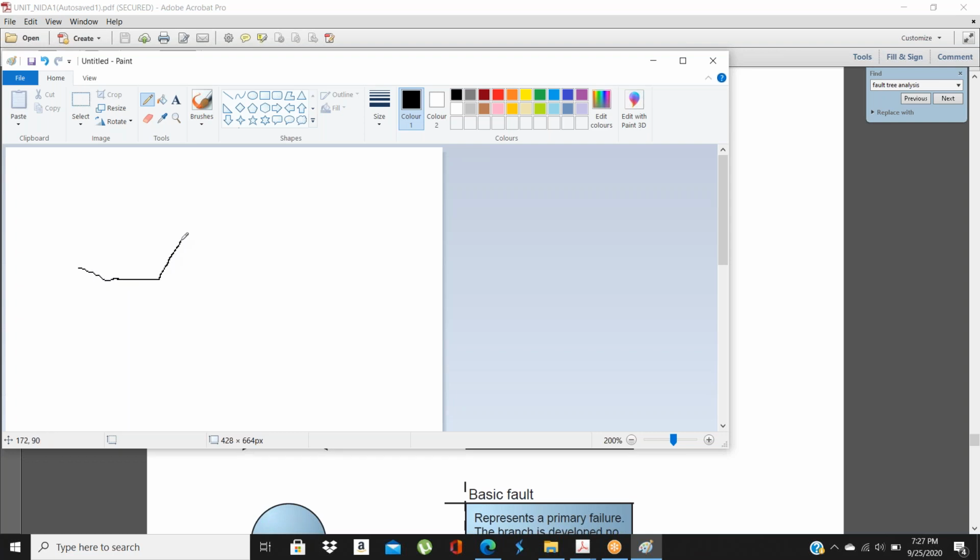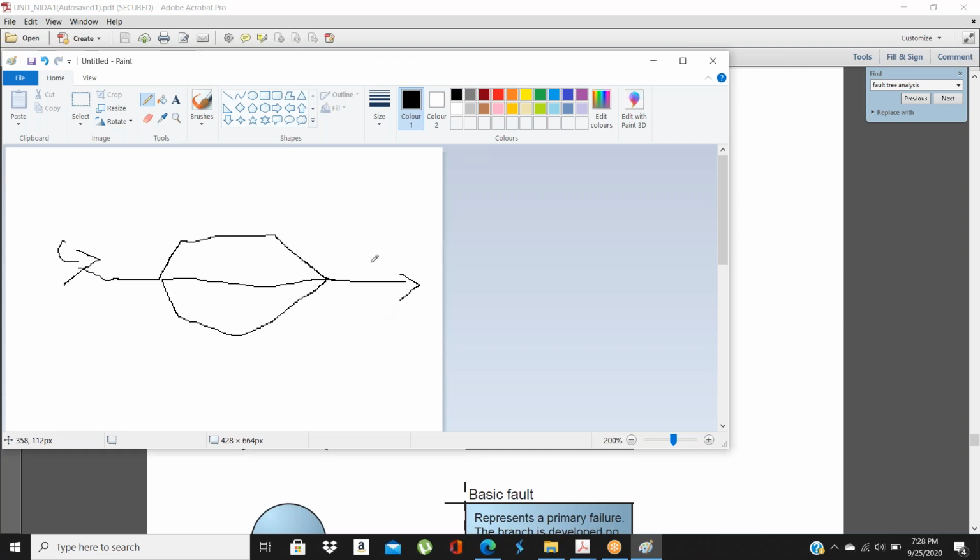Now let's suppose here we have branches 1, 2, and 3. Current is coming from here and going here. This is the system redundancy.